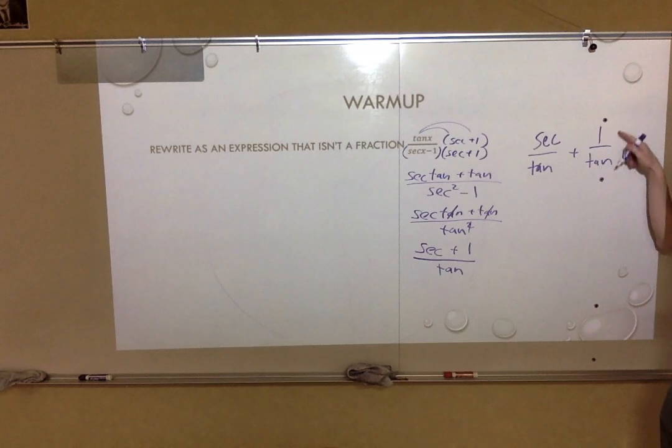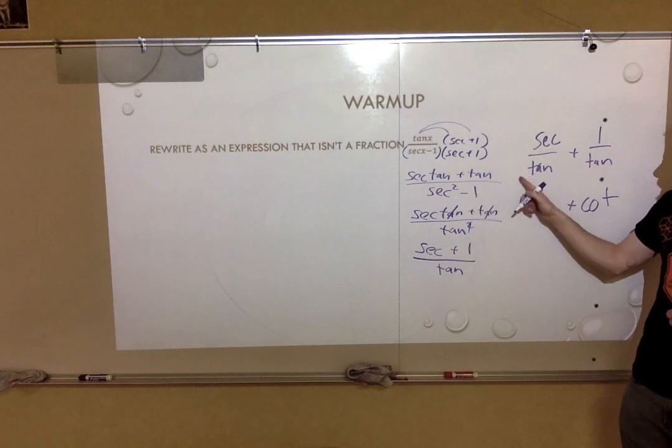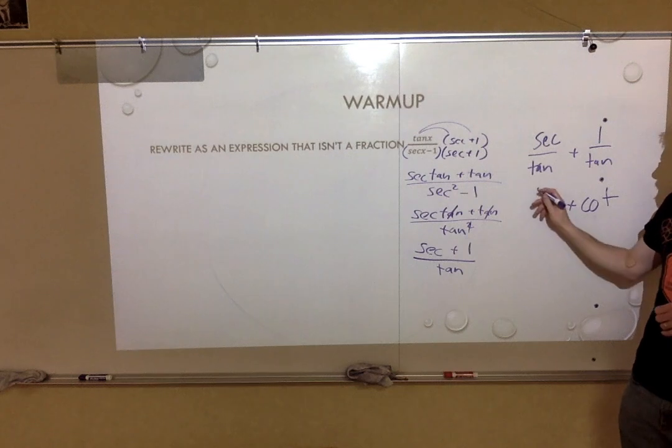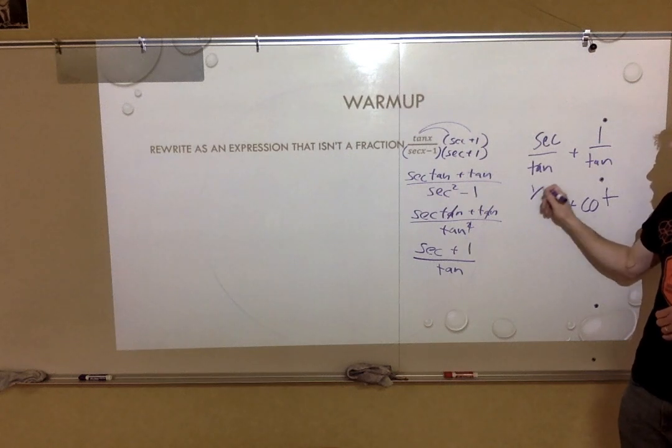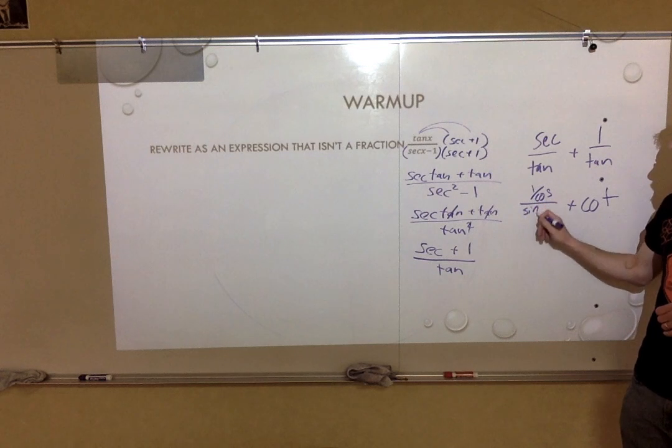All right, so this side, I can already make that not be a fraction by making it cotangent, right? So good, I've got half of this done. Now over here, I can't immediately simplify this any further, but if I change things to sine and cosine, maybe that'll help. So secant is 1 over cosine, tangent is sine over cosine.